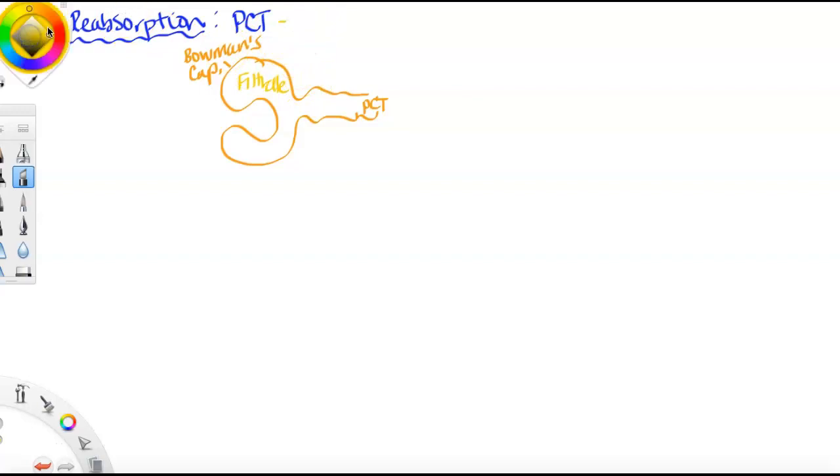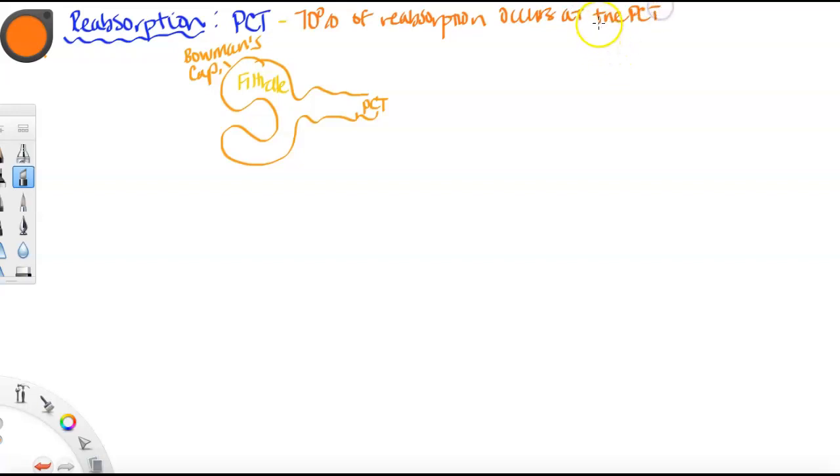So we absorb 70% of reabsorption occurs at the PCT, the proximal convoluted tubule.